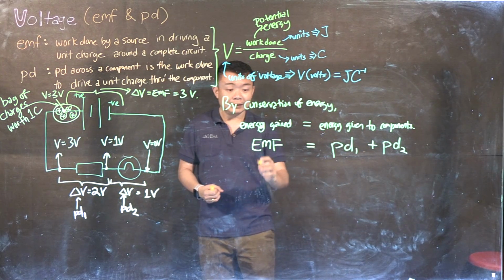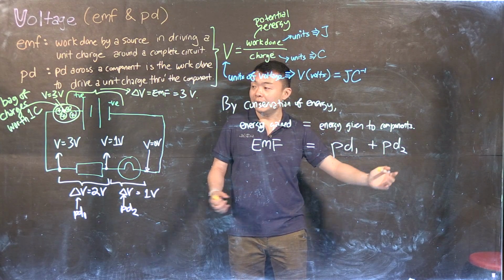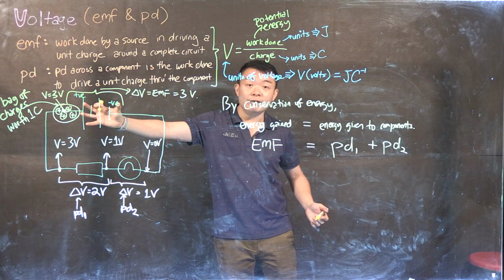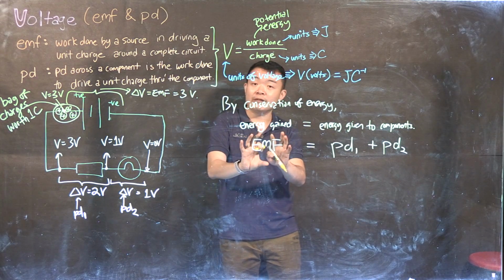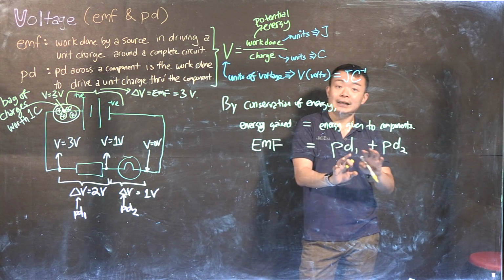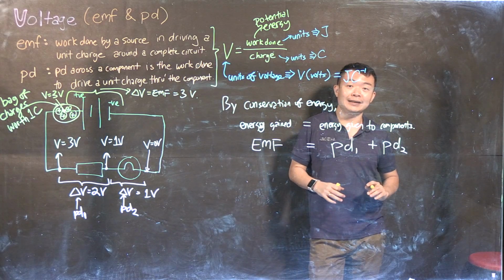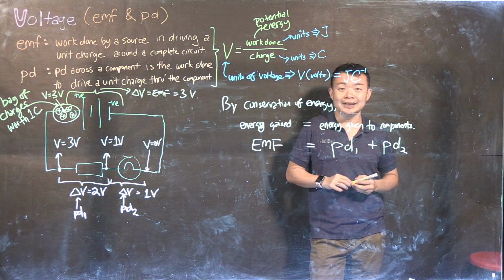Alright, so this is a simple way of connecting the EMF of the battery and show how the EMF of the battery relates to the potential difference across components in a series circuit. And that's it for our story on voltage.